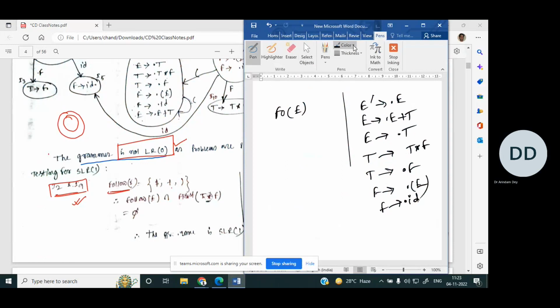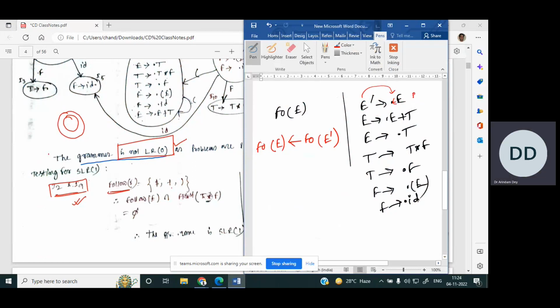Now let's see. I can make it in this format: follow of E dash to epsilon. Rule number 3, if you can remember, the follow of E dash will be in follow of E. So I am writing follow of E, it will take whatever I get from follow of E dash, rule number 3, R3.